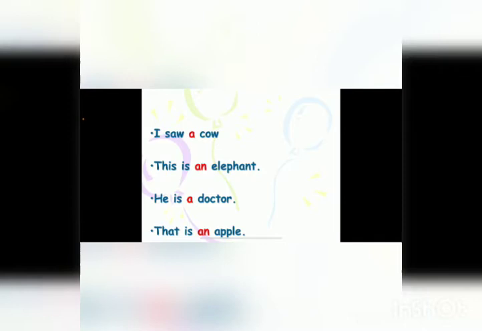Do you know why? Well, let's find out. There are 26 letters in the English alphabet, and out of these, the 5 letters A, E, I, O, U are called vowels. When a word starts with a vowel or a vowel sound, we use an before such words.